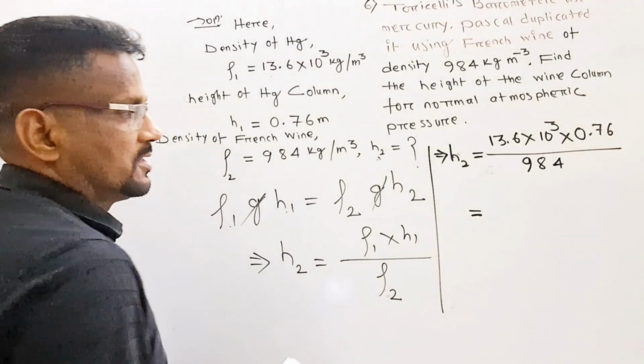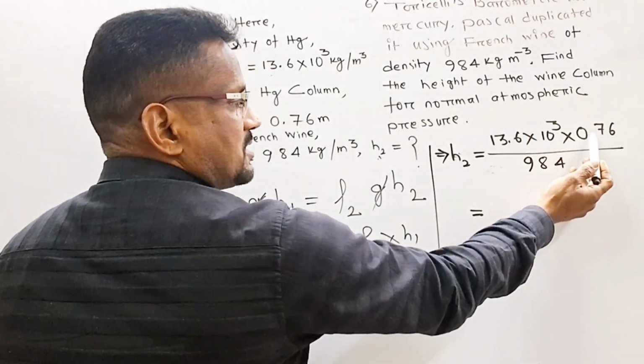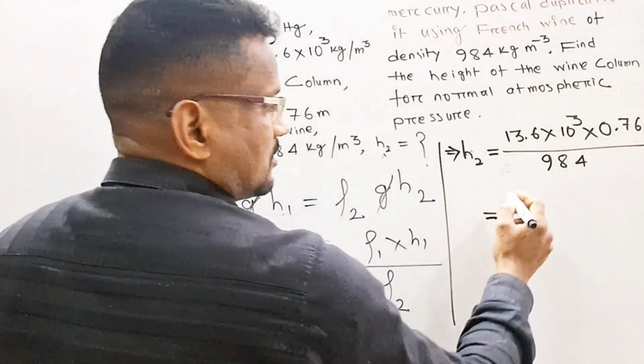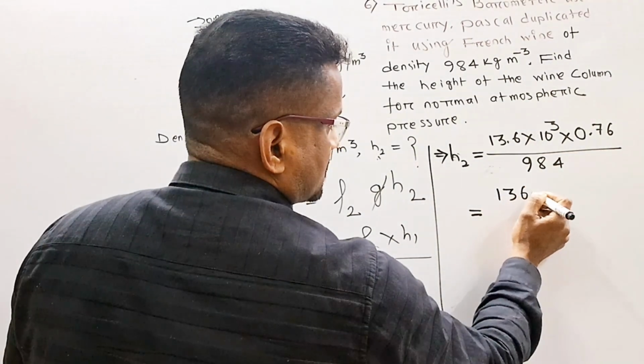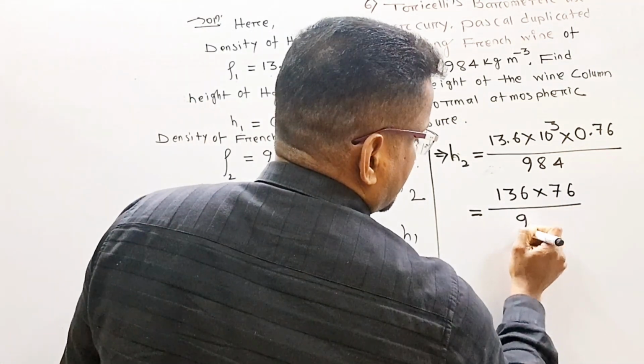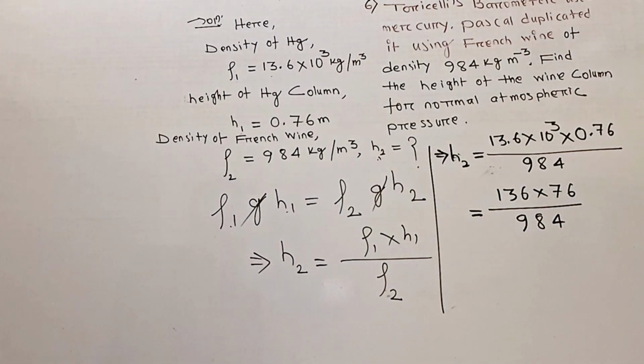How to simplify? You see, 10 to the power 3, that is 1000, is here. To the right of the decimal, how many digits? Here 2, there 3 digits. So you can write 136 into 76 divided by 984. Then you can cancel out.